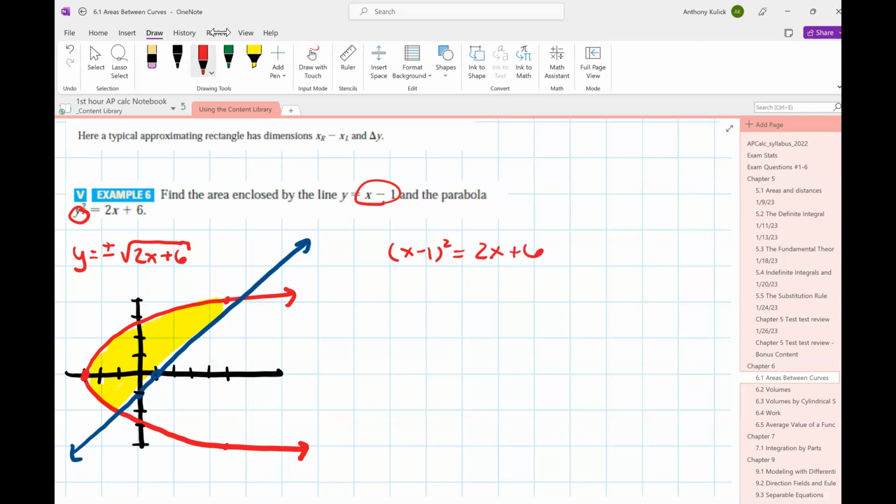It's going to be like a substitution. And then to solve this, I'm going to FOIL this out. Move everything onto one side. I say, hey, look at that. That's good news. That factors.